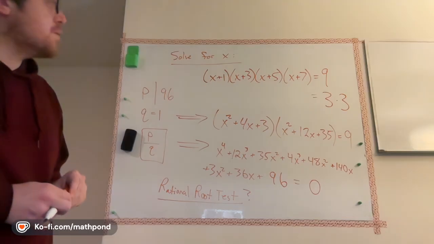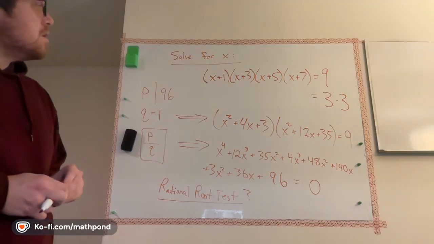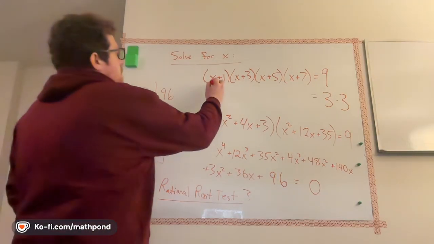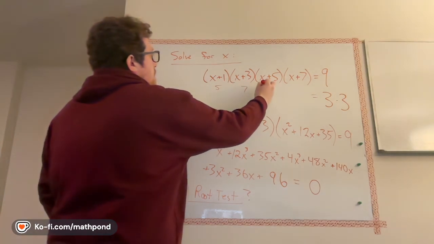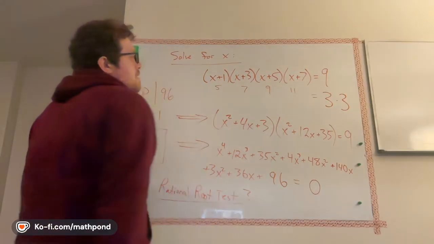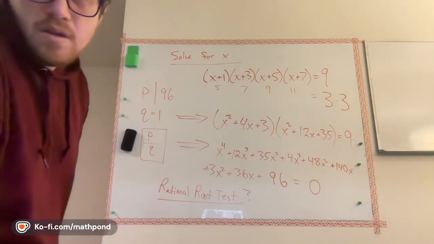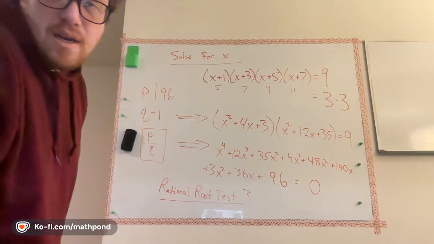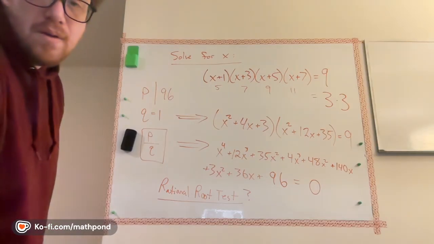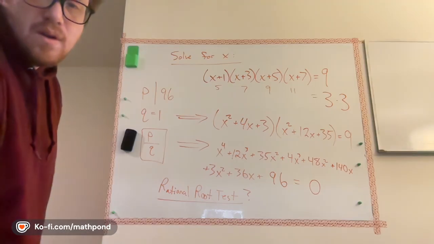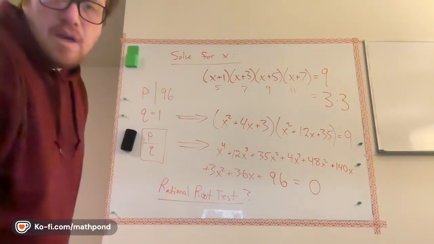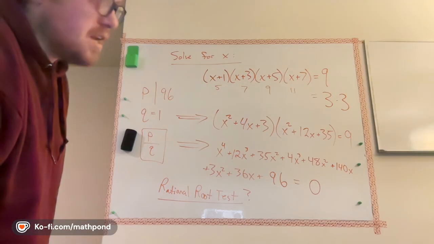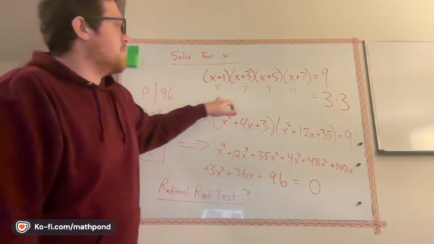Try x equals 4. 5, 7, 9, 11. I get x minus 4 squared. I don't know where you're getting these numbers. And x equals 4 doesn't work, right? The product of these 4 numbers is not 9.